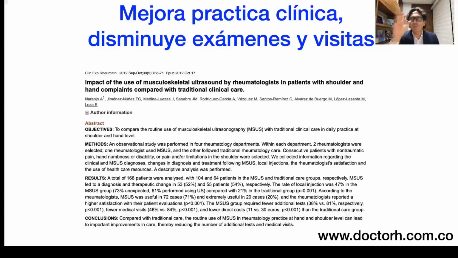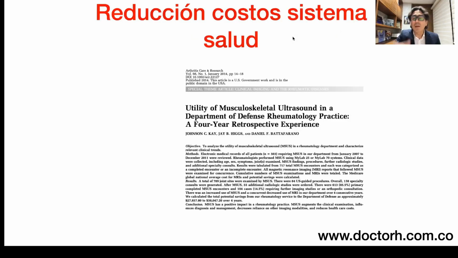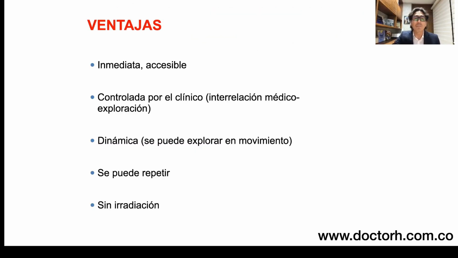The patient sees it, feels much more satisfied, and then we take them to a room and perform a procedure, an injection, whatever it may be, or an ultrasound. In the end, this patient will have fewer visits and tests, they're going to save a lot of time and feel more satisfied. And there is also literature showing that this reduces costs in the healthcare system.